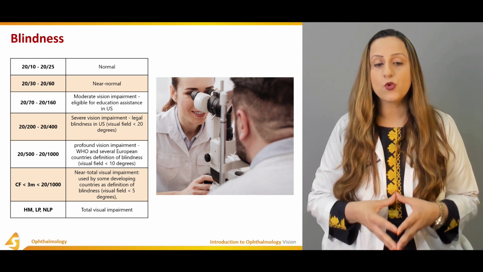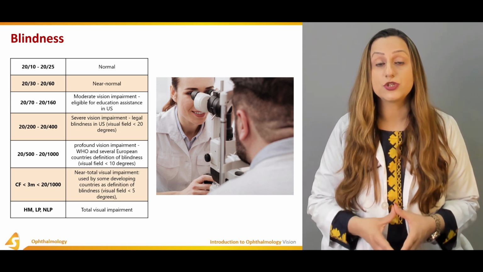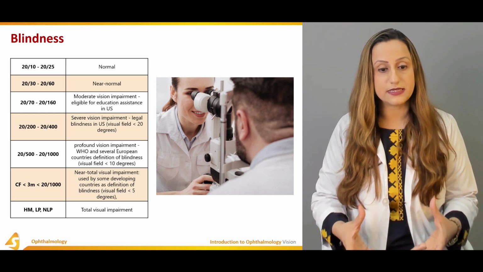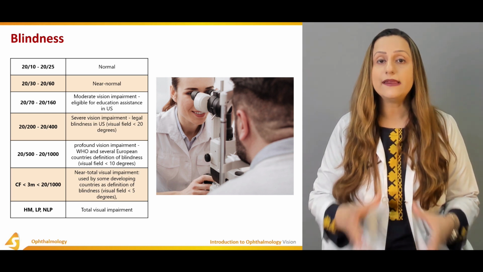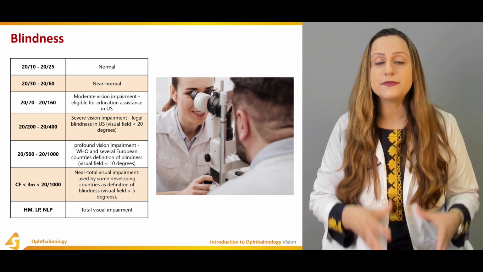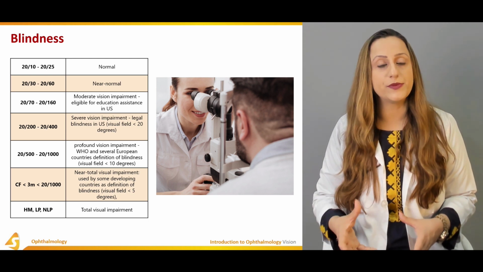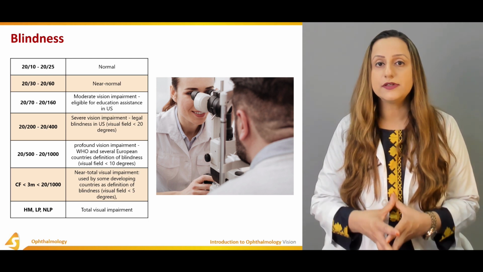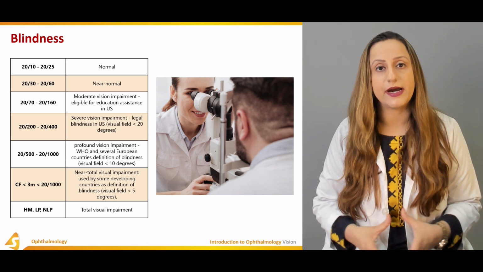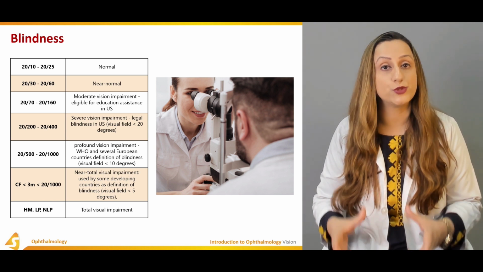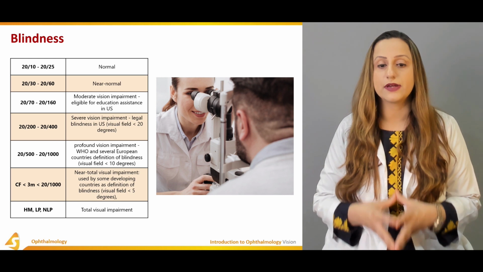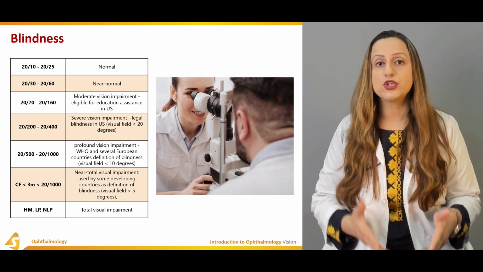And then we have the total visual impairment in which the light reflexes are absent and in which the hand movements are even negative. HM basically stands for hand movements, and even the person cannot identify hand movement in any of the visual field. So this is regarded as the criteria for total visual impairment.